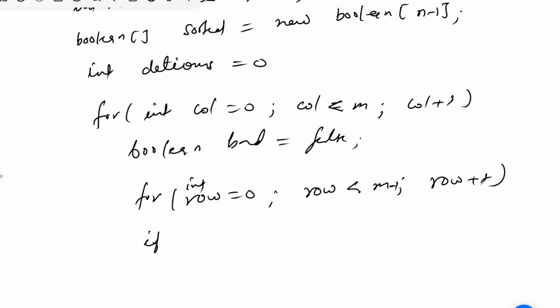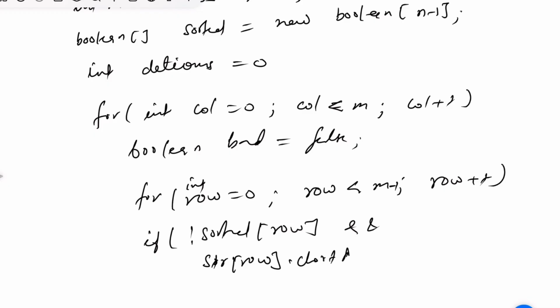So we make a condition: if not sorted, very first on this row, check the str at row dot char at the column.